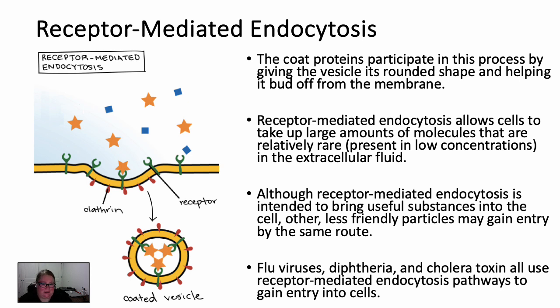So flu viruses, diphtheria, HIV, COVID-19, the cholera toxin, like we talked about in the first part of chapter 4, all use this receptor-mediated endocytosis to gain entry into your cells to make them their host. This is one of the most used versions of endocytosis that pathogens use to gain entry.